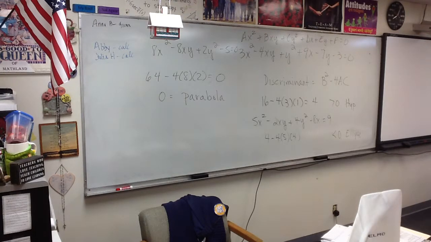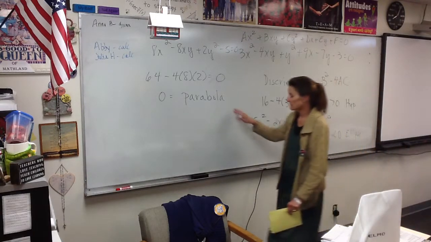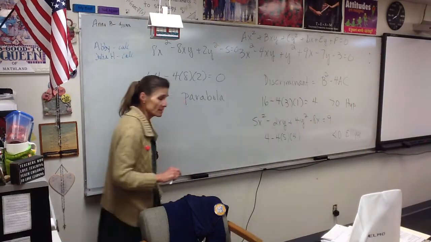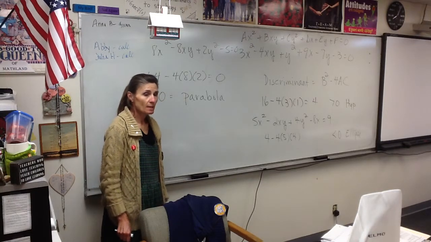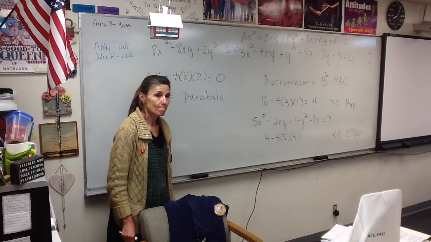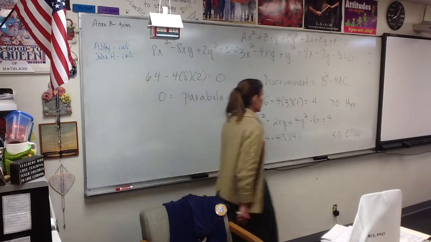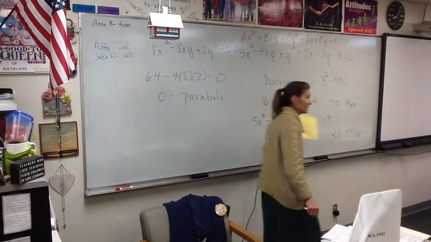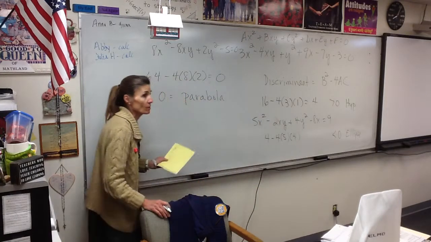Nothing changes, right? So we only talk about hyperbolas, ellipses, and parabolas. Okay, everybody clear on the rules? Tom? So when the discriminant's positive, it's a hyperbola? Yep. If the discriminant's positive, we have a hyperbola, negative an ellipse, and 0 is a parabola.